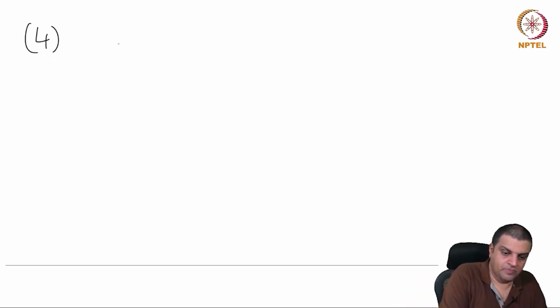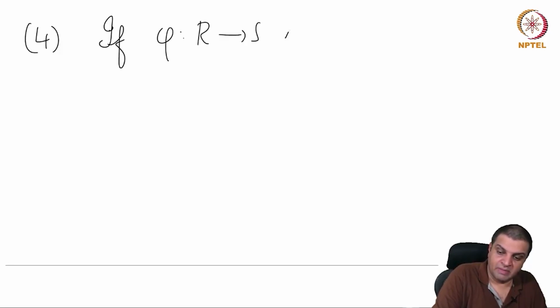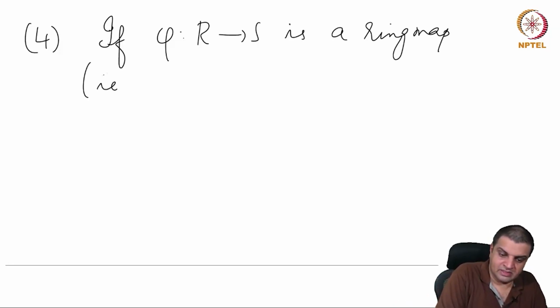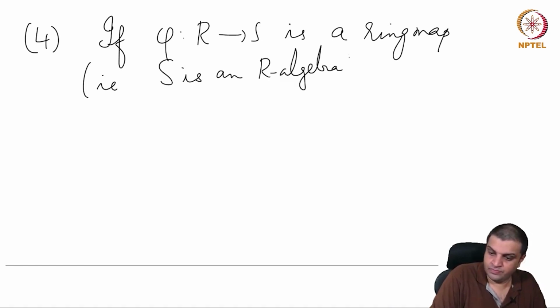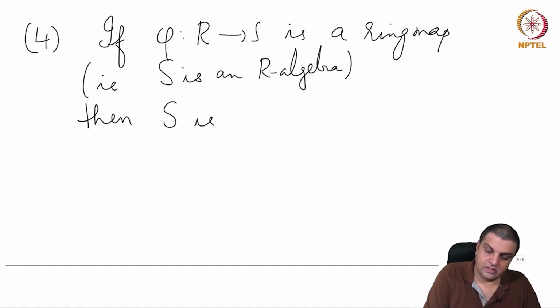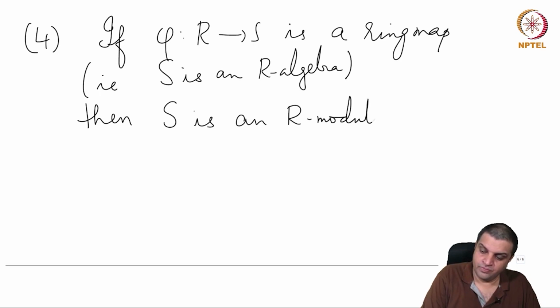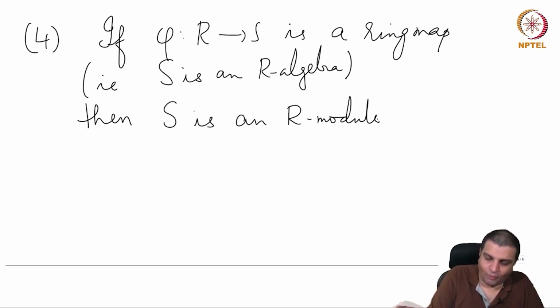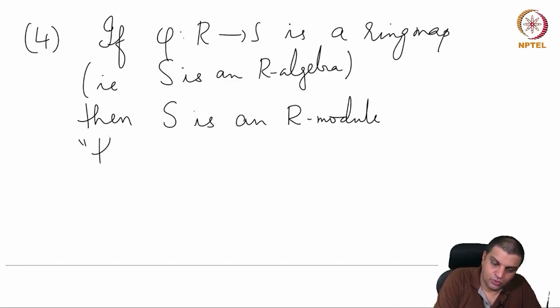Four: if phi from R to S is a ring map, in other words S is an R algebra, then S is an R module in the following natural way, through phi.